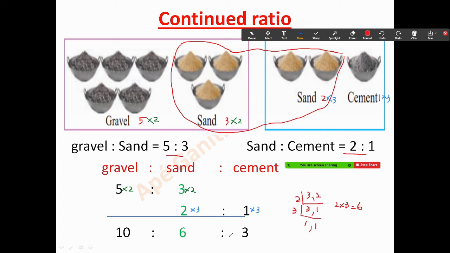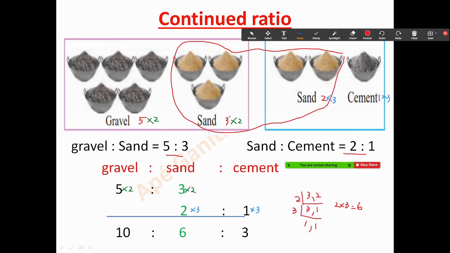I will recall the method again. First, think about what is the common thing for both ratios. In that, get the LCM. Here 3, here 2 are there. Get the LCM of 3 and 2, that is 6. So you want to make 6 here.